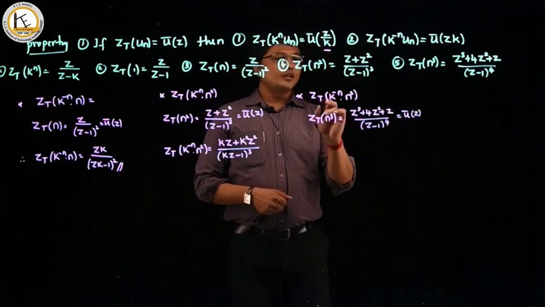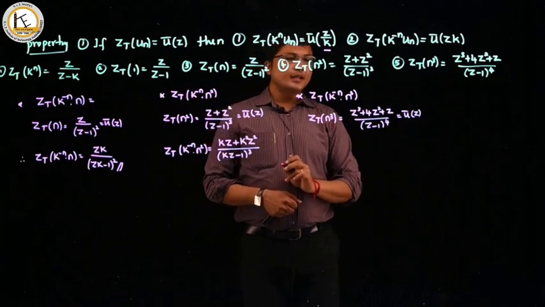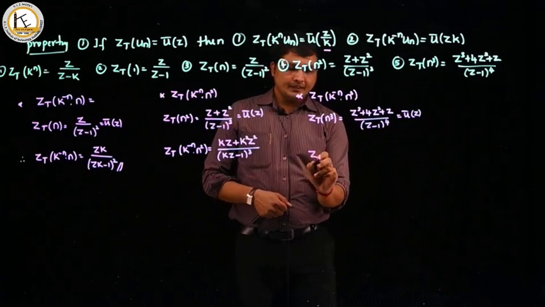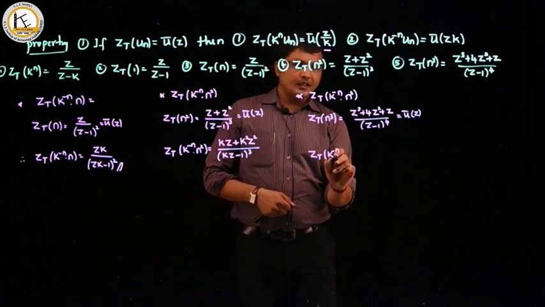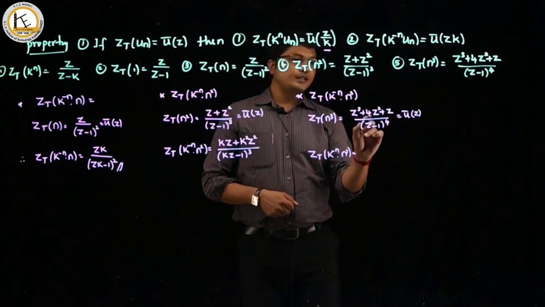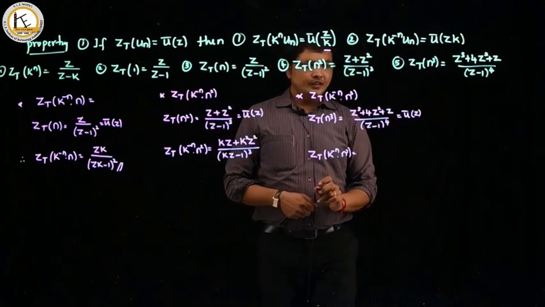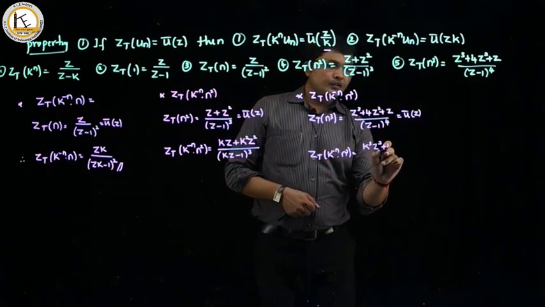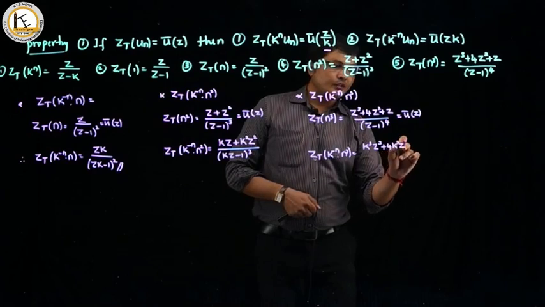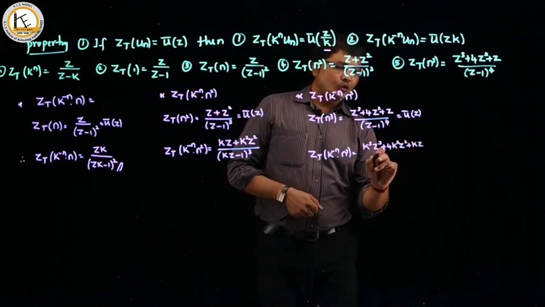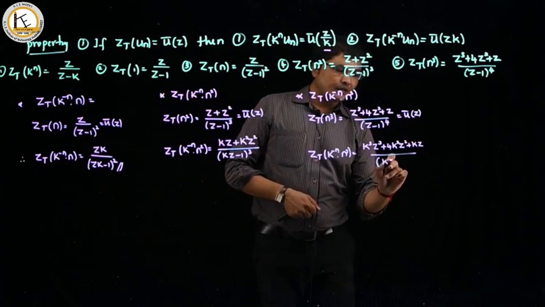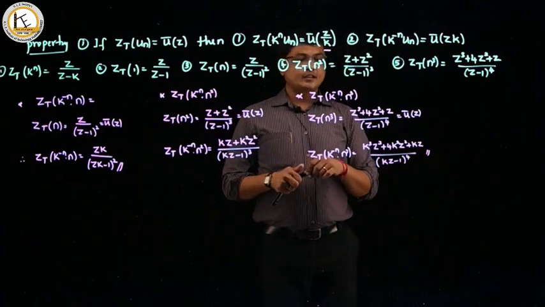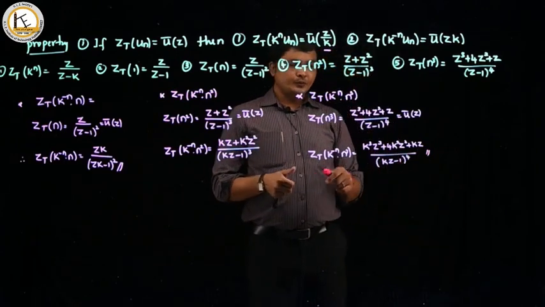So now to obtain z transform of k raised to minus n into n cube, we just replace z as kz in this u bar of z. So we have k cube z cube plus 4 times k square z square plus kz whole divided by kz minus 1 the whole raised to 4. So this is the z transform of k raised to minus n into n cube.